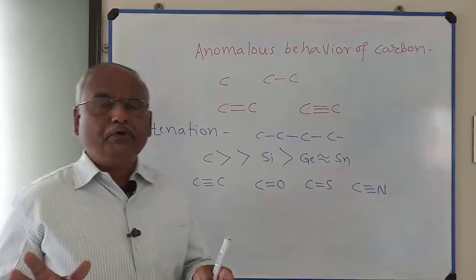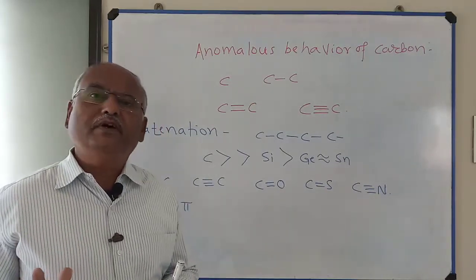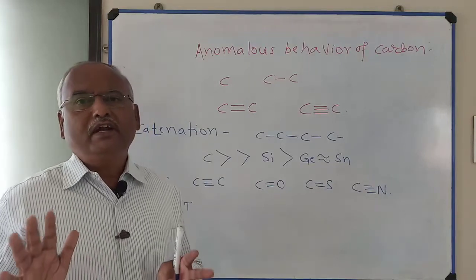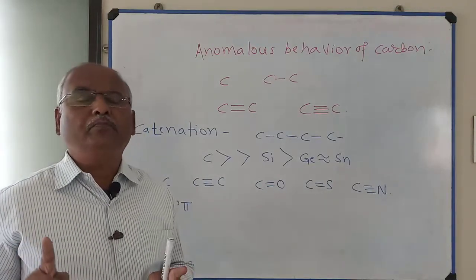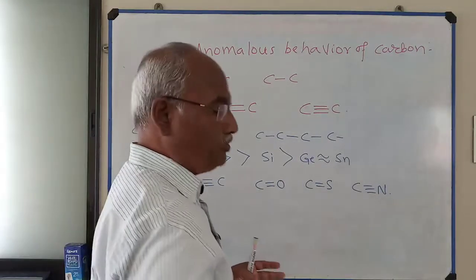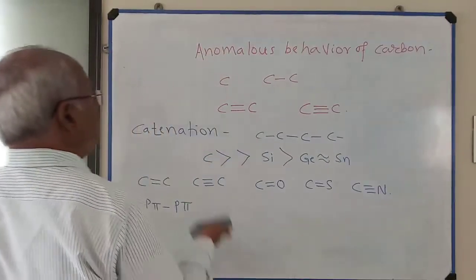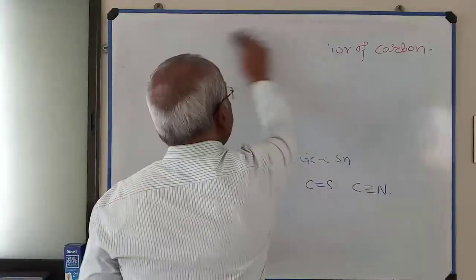In the case of heavy elements, multiple bonding is not possible due to their larger size and the larger, diffused shape of their pp orbitals. So this is about the catenation property of group number 14 elements.